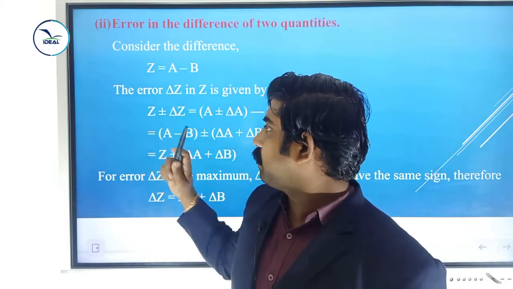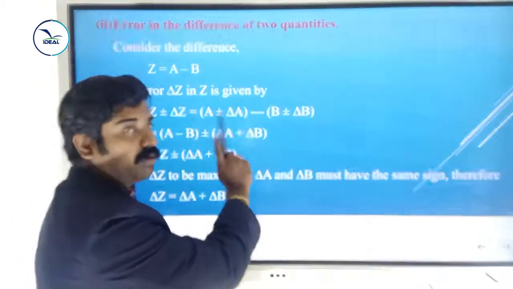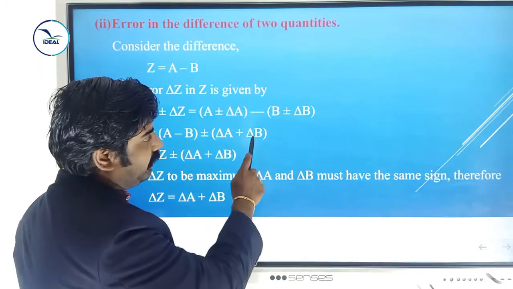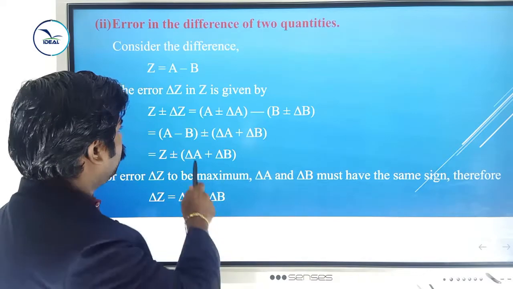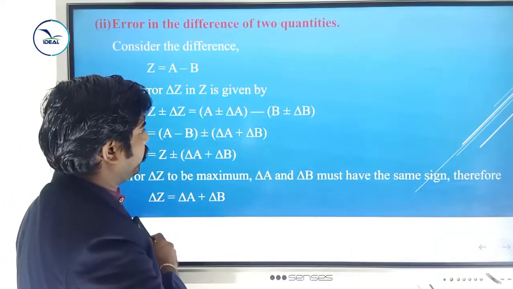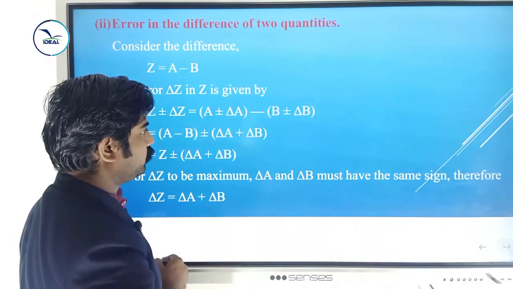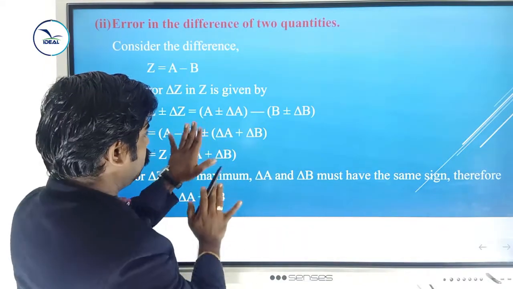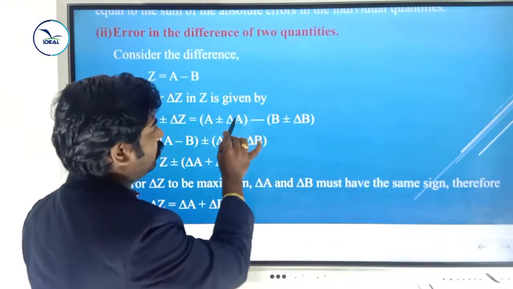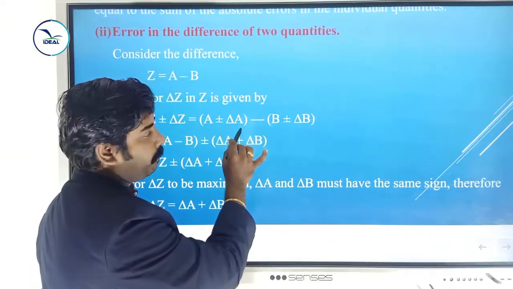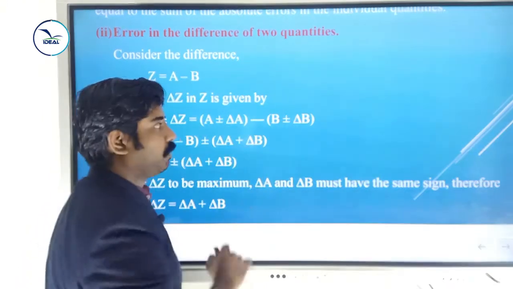So Z plus or minus delta Z is equal to A plus or minus delta A minus B plus or minus delta B. So we can rewrite these equations as A minus B, plus delta A minus plus or minus, so minus or plus.